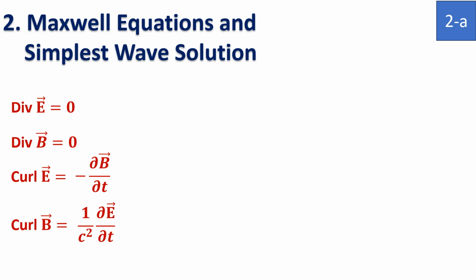In this video, I will not go into detail of Maxwell equations, but briefly explain them. The first two are more like basic checks, which make sure that electric or magnetic field lines never disappear. They may bend and change direction, but never disappear.